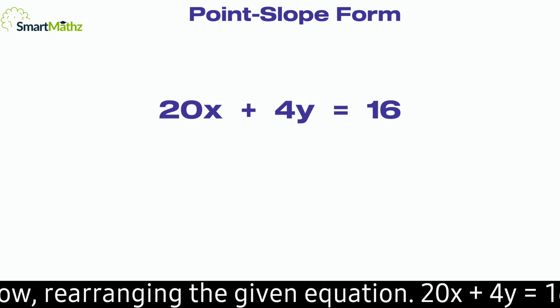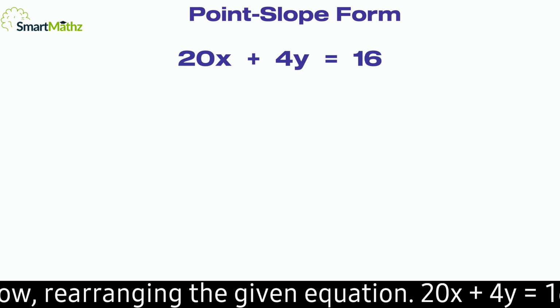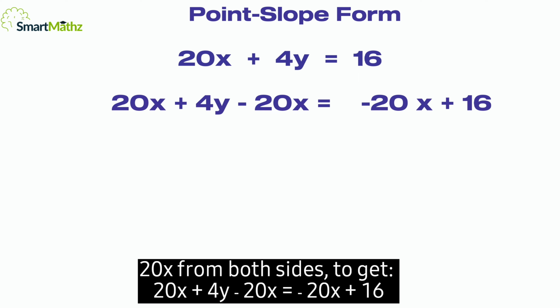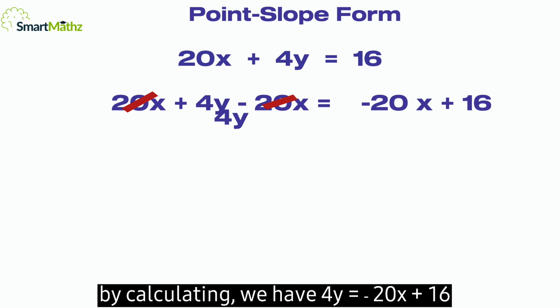Now, rearranging the given equation, 20x plus 4y equals 16. To get y by itself on one side of the equation, we first need to subtract 20x from both sides. To get 20x plus 4y minus 20x equals minus 20x plus 16. By calculating, we have 4y equals minus 20x plus 16.